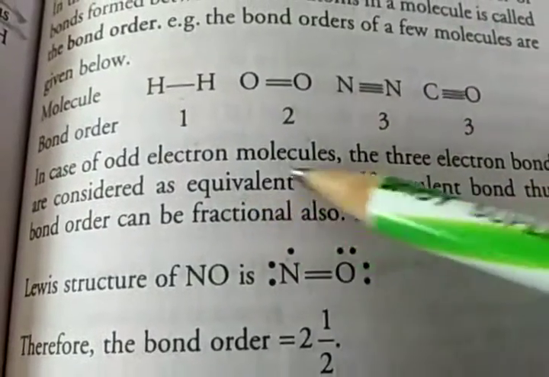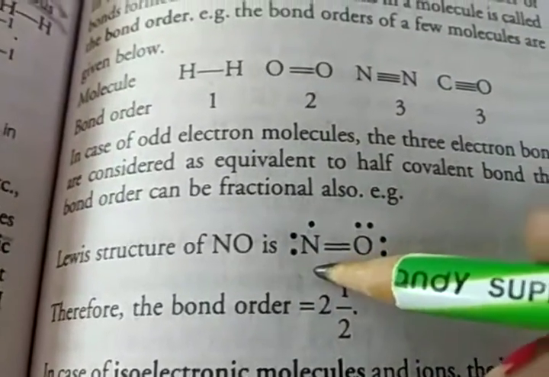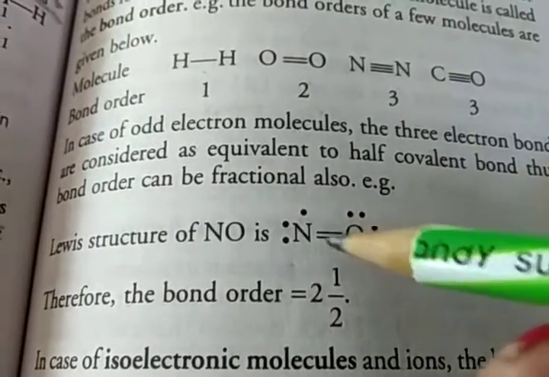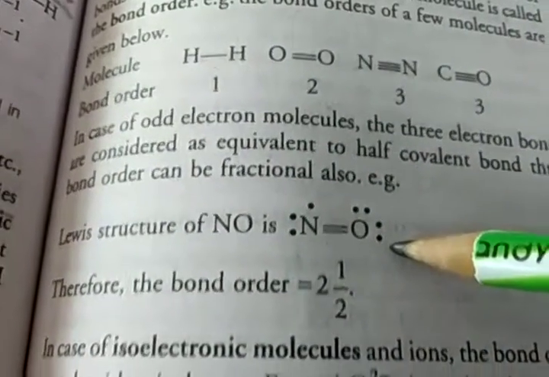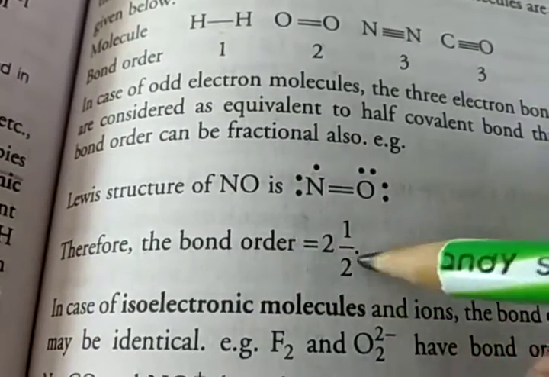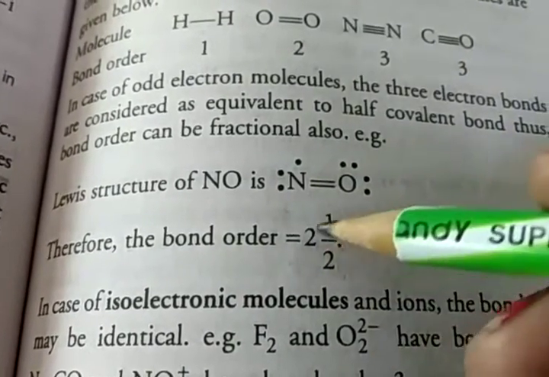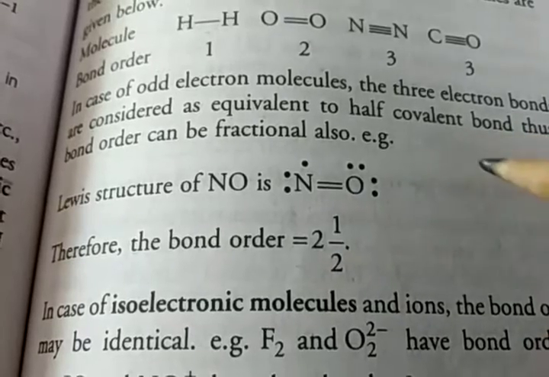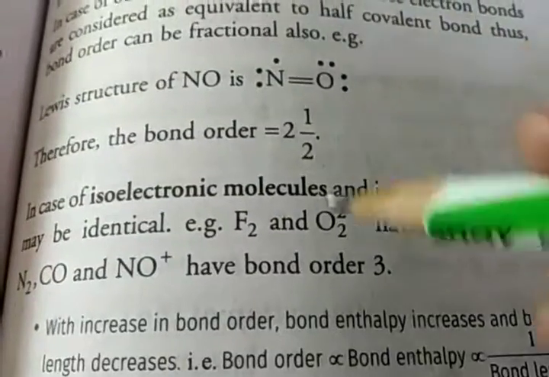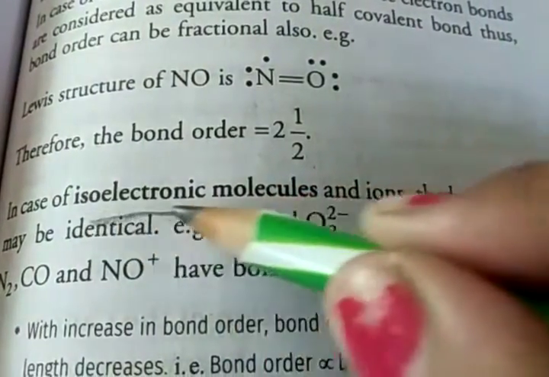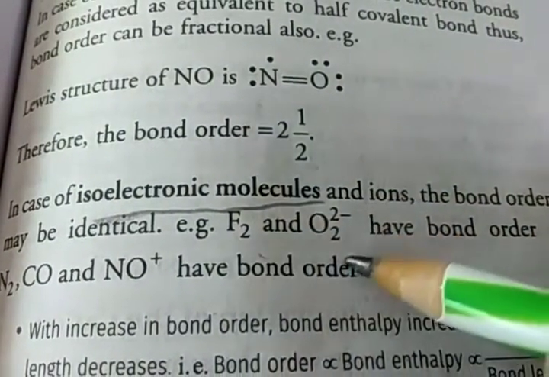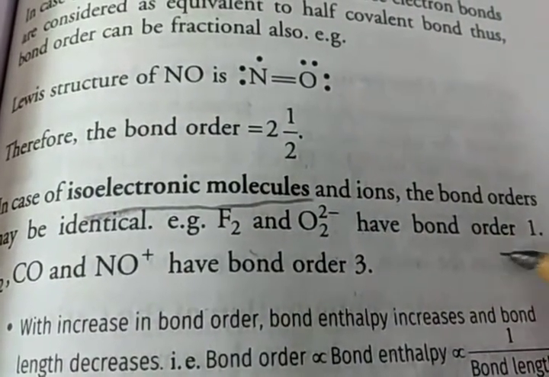In the case of an odd electron molecule, like here you see NO, draw the structure: nitrogen 3 electrons and oxygen 4 electrons, so the bond order is 2.5, a fractional value. Then in the case of isoelectronic molecules like F2 and O2 2-, the bond order is only 1.